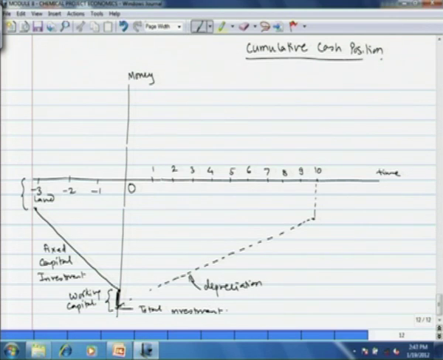And then there is the annual profit, and the total cash, let us say, starts at time 0 and then increases with time. This is the cumulative cash.